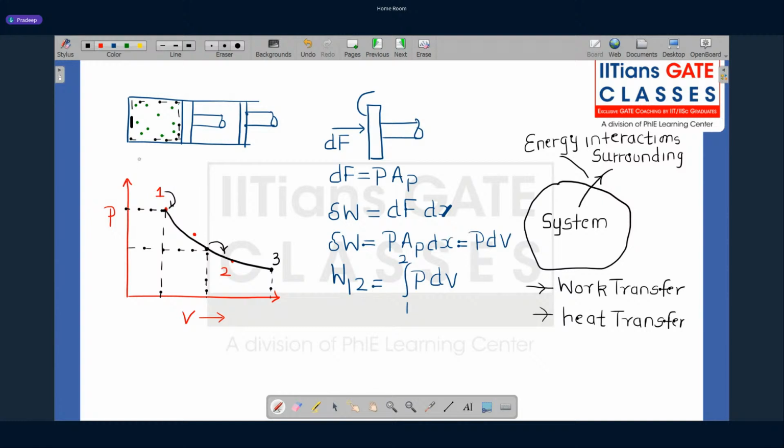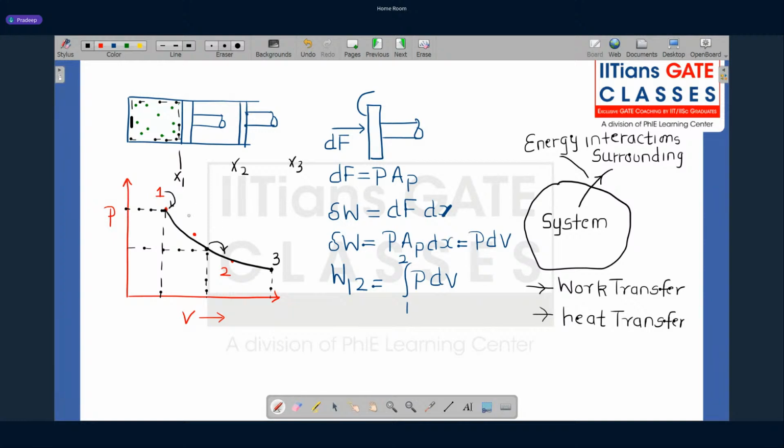When the gas is expanding, let us say initially this is the initial position x1. After a certain time, the piston moves to x2, and after some more time, to x3. How this expansion process happens, what process path it follows, defines what kind of work transfer will happen. So work transfer is very much dependent on the path.